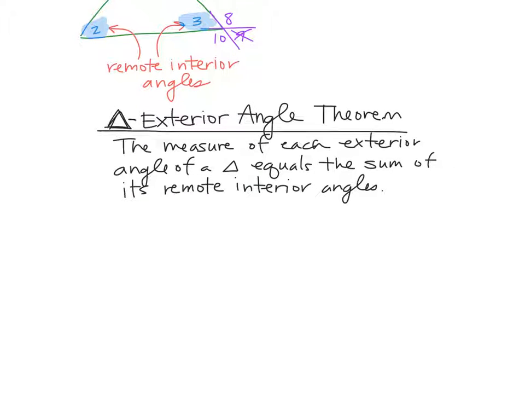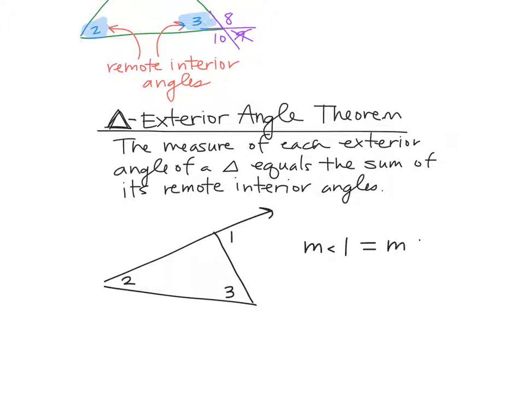Okay, in other words, I'm just going to redraw that picture without all the scribbles everywhere. If this is angle 1, and this is angle 2 and angle 3, we would say the measure of angle 1 is going to equal the measure of angle 2 plus the measure of angle 3.